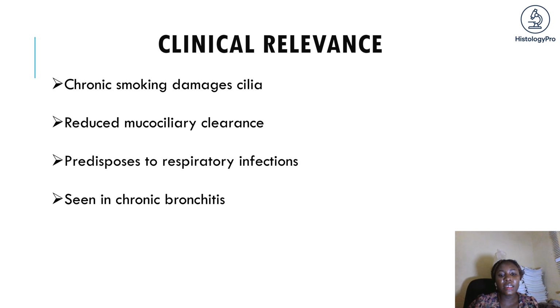Now, looking at the clinical relevance of pseudostratified columnar epithelium: in chronic smokers, the cilia are damaged and may be lost. Hence, this leads to reduced mucociliary clearance and accumulation of mucus, which increases the risk of respiratory infection and chronic bronchitis.